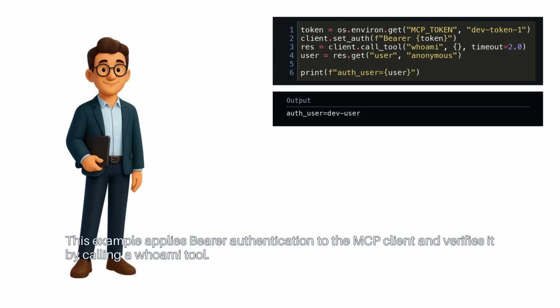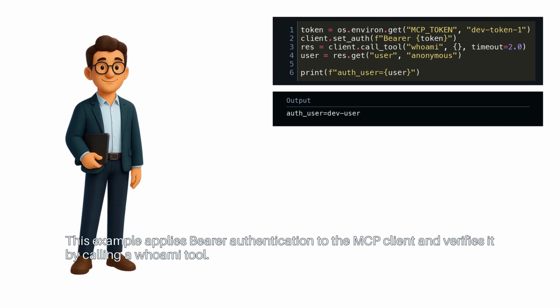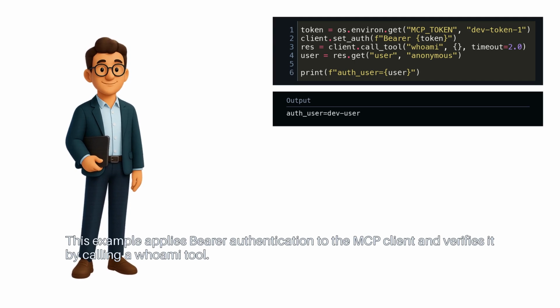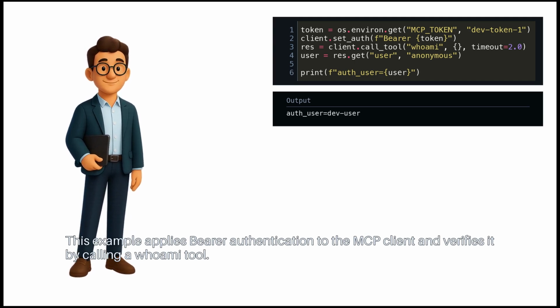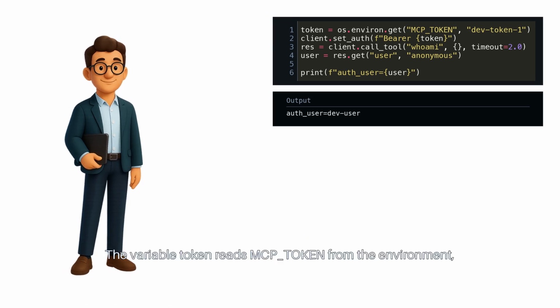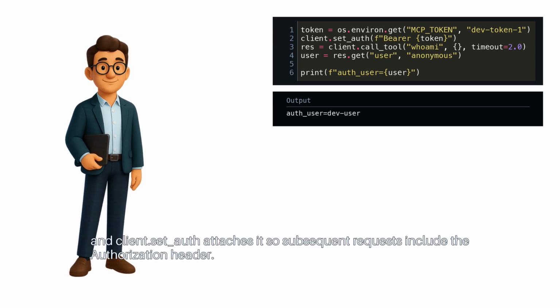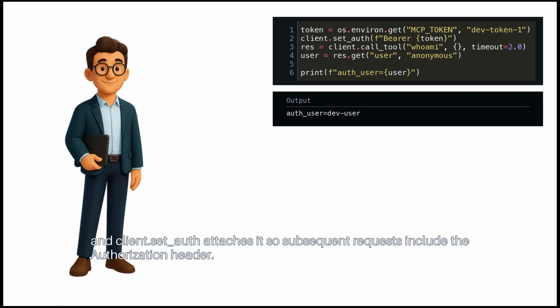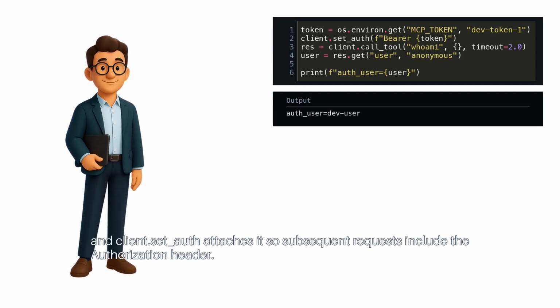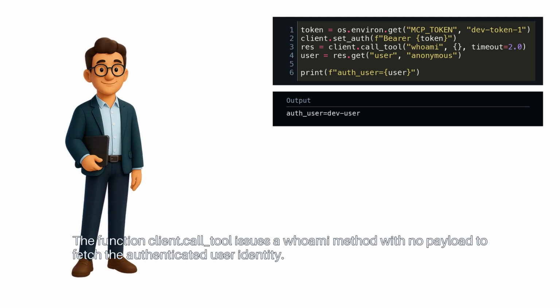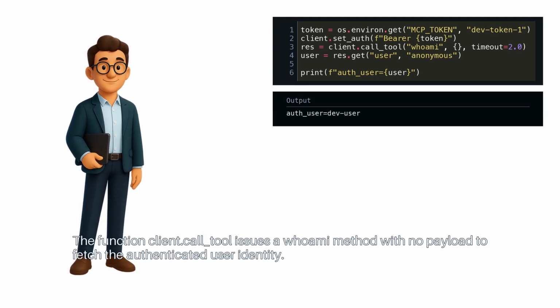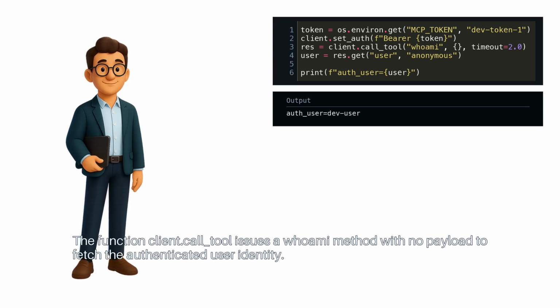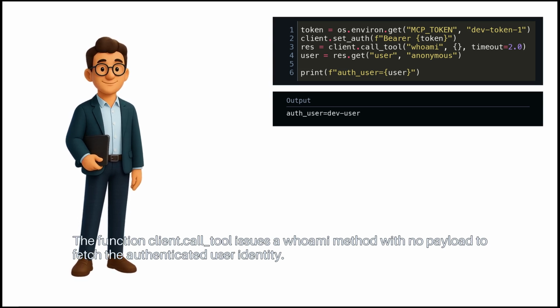This example applies bearer authentication to the MCP client and verifies it by calling a whoami tool. The variable token reads MCP token from the environment, and client.setAuth attaches it, so subsequent requests include the authorization header. The function client.callTool issues a whoami method with no payload to fetch the authenticated user identity.